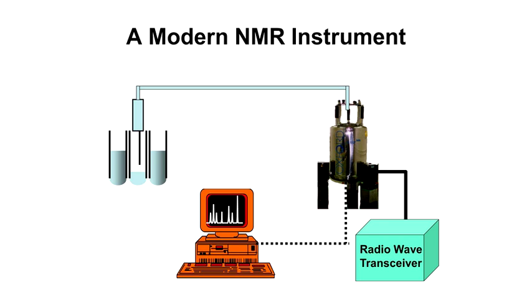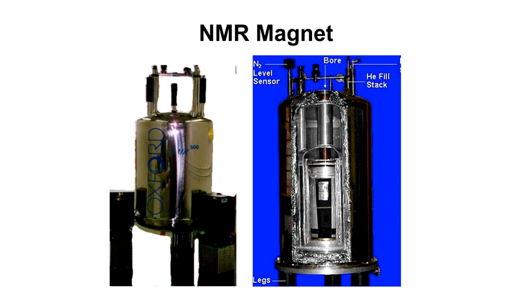Almost all NMR magnets are superconducting magnets now. Means they're bathed in liquid helium and in liquid nitrogen. This is a cutaway view of an NMR magnet. There are a few places around the world where people have spent the time and money. But they're a giant thermos bottle, really, with a relatively small magnet.